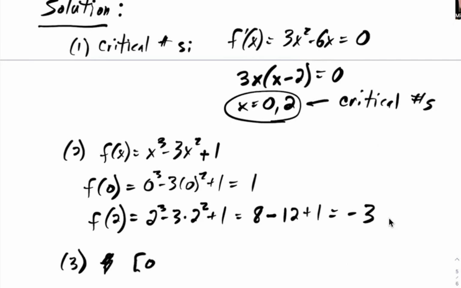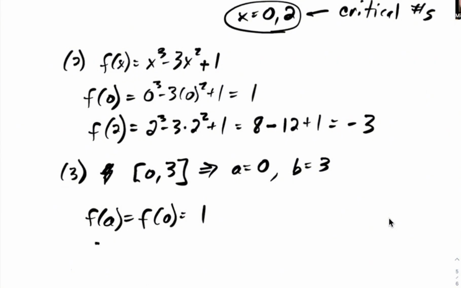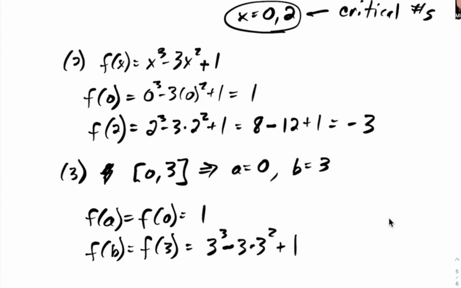The interval is from 0 to 3, so a is 0 and b is 3. f of a is f of 0, which we already did, and that was 1. Then f of b is f of 3. I plug 3 in and get 3 cubed minus 3 times 3 squared plus 1, which turns out to be 1.